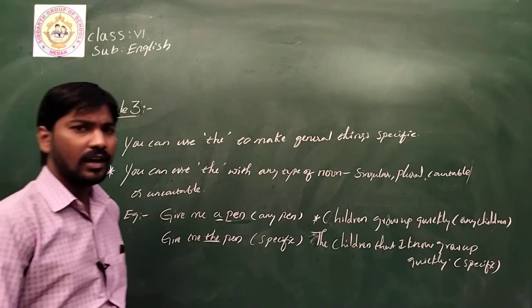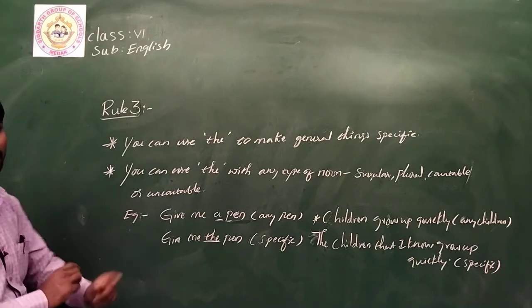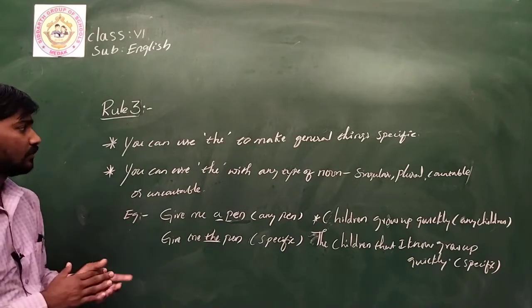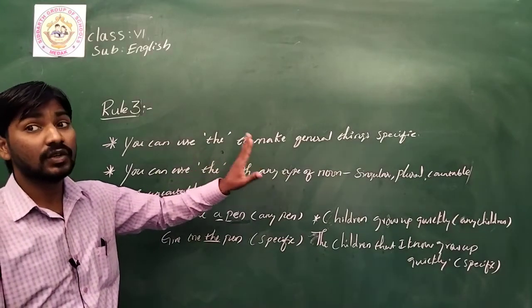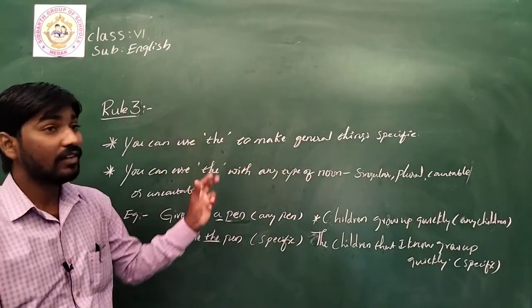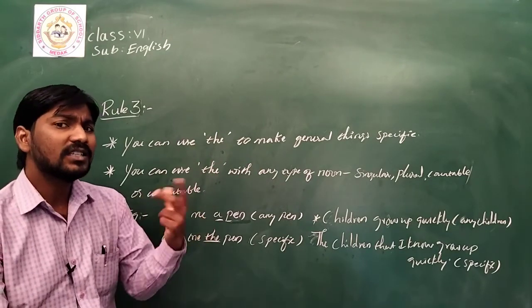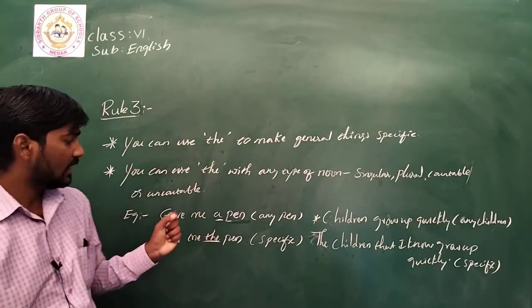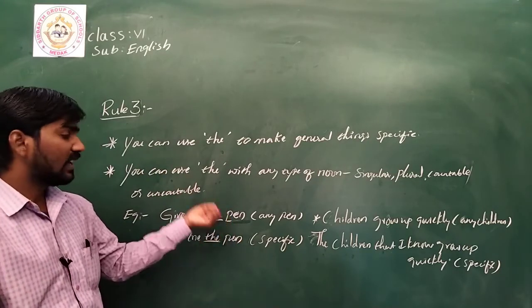Let me give the conclusion for this topic in today's class. Rule number 1 is you can use the to make general things into specific ones. The will make common things into specified ones, means particular ones. See here, when you say a pen, any pen, I have not mentioned any specific pen.